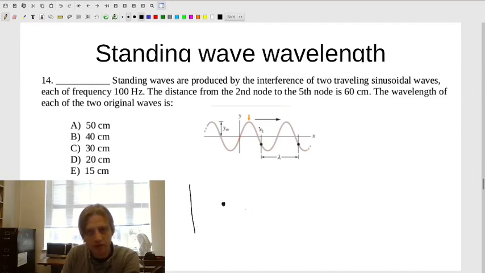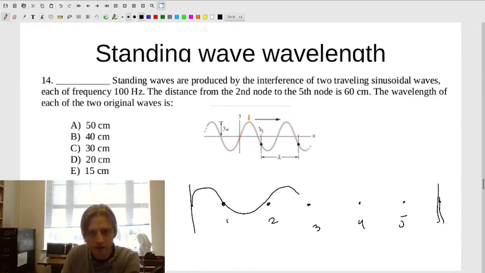Okay, so I have a bunch of nodes. 1, 2, 3, 4, 5. Let's say that's 6. And you have a standing wave that looks something like, if I took a snapshot at a moment in time, it would look something like this. If I took a snapshot at a different moment, it might look something like that.